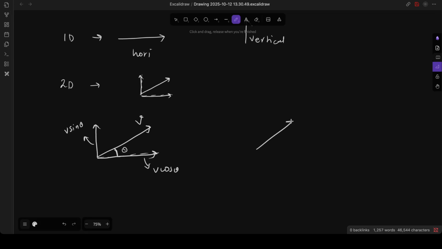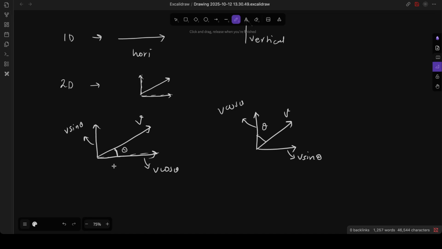The other way around, consider a velocity vector v which is making an angle theta but with the vertical. When this scenario comes in, we use the same concept: the component attached to theta becomes cos, so this will become v cos theta and this will be v sin theta. One misconception that I've always heard is that vertical will be cos or horizontal will be sin.